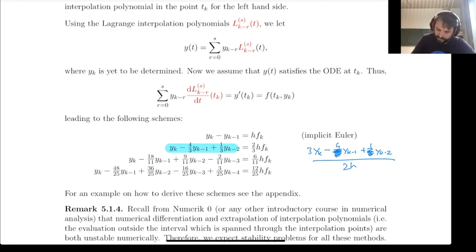I've just multiplied over the 2/3 h, and then I get this formula. This is an approximation of y prime at tk. This is a high order finite difference quotient. So this is just a different finite difference.